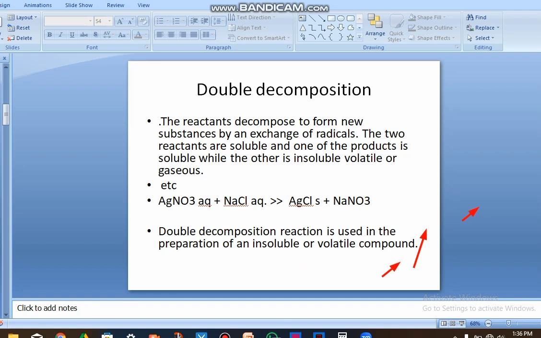I've explained the meaning of insoluble now. Insoluble is something that cannot be melted when added to a liquid or other substances. So please take notes of this.